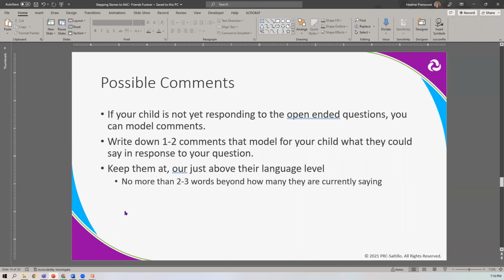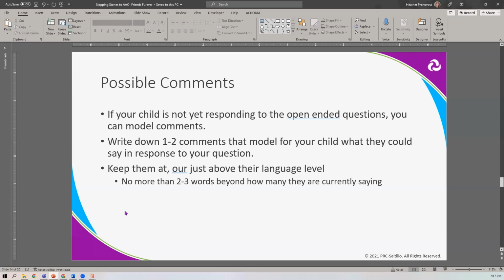We can model the comments or the responses to show them what that response looks like. Also, we don't want to just get into asking and answering questions all the time, right? So we model comments and fun things they could be saying, like, oh, look at Bunny, look, can he go higher? We're going to model those kinds of comments and have fun with it.